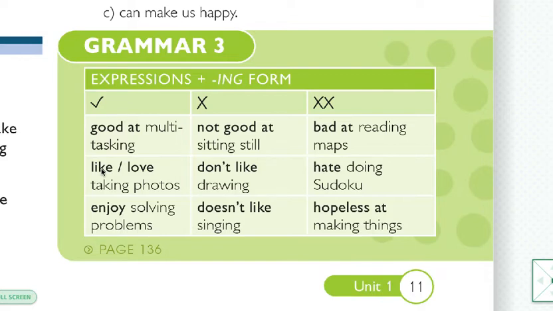I like playing soccer, or I enjoy playing soccer, okay? Those markers or symbols over here are just to represent the meaning, right? These are positive things, these are negative things, or neutral, and these are really, really negative things.